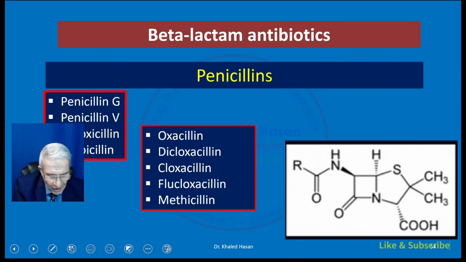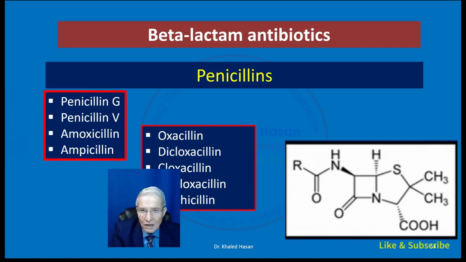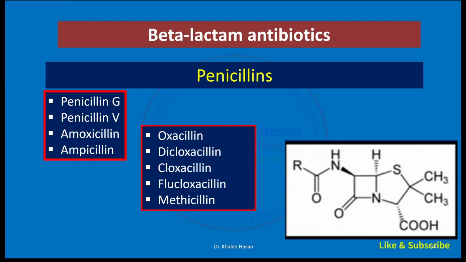Okay, regarding the penicillin, as you can see here, we have a group of medication. We are going to have another category for the beta-lactam. We have penicillin G, penicillin V, and amoxicillin, ampicillin, oxacillin, dicloxacillin, cloxacillin, flucloxacillin.